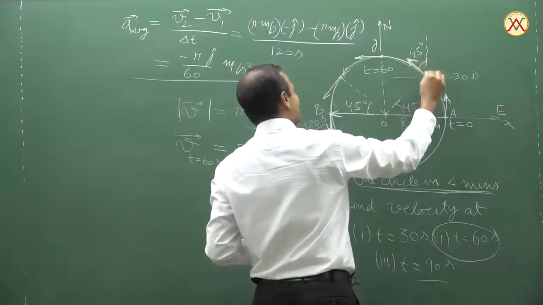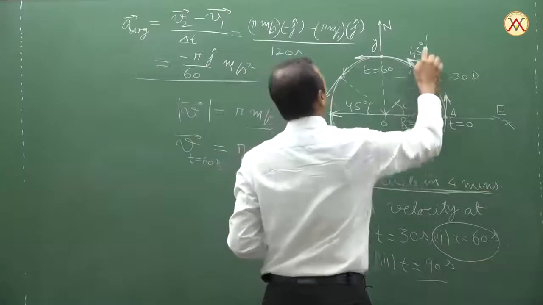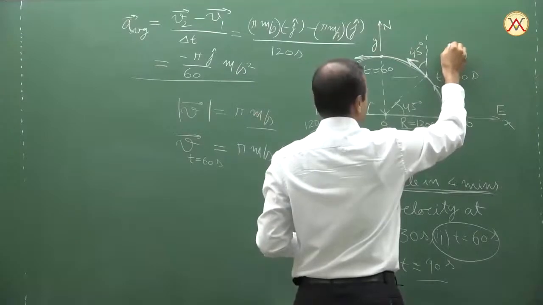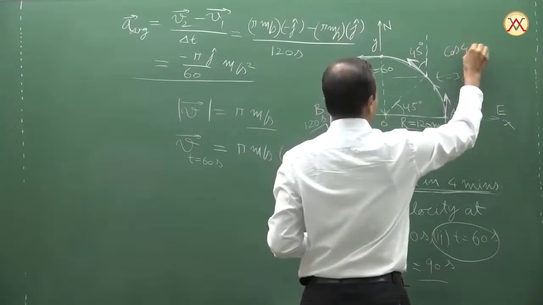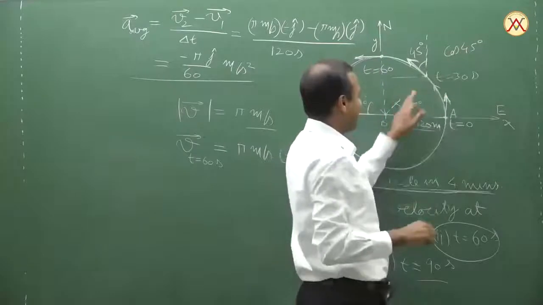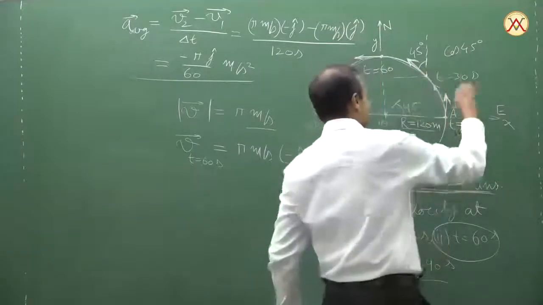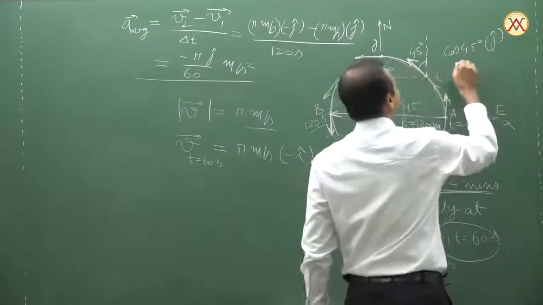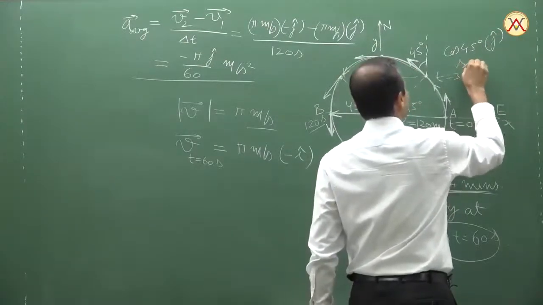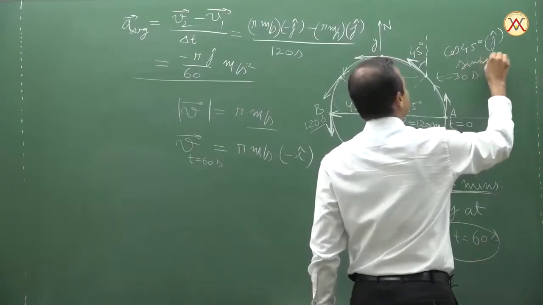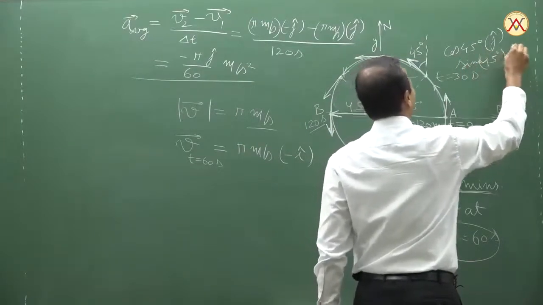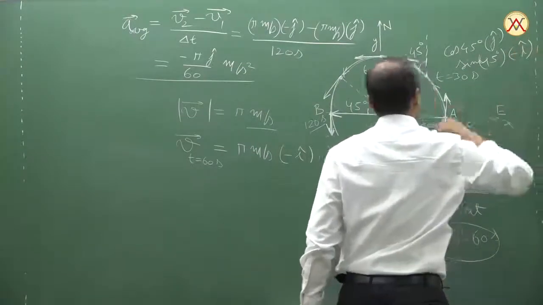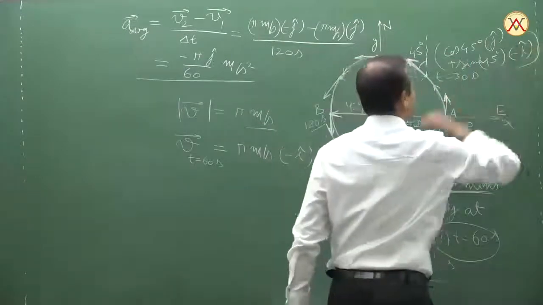It is between north and west. So the unit vector in this direction will be cos 45 j cap, because 45 is the angle it is making with the y-axis, and sine 45 degree minus i cap. So this is the unit vector.